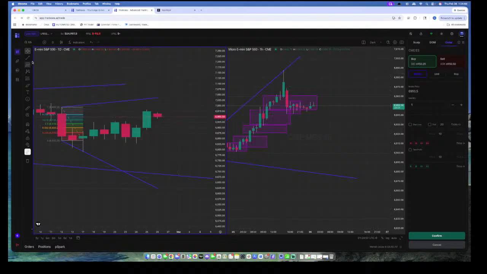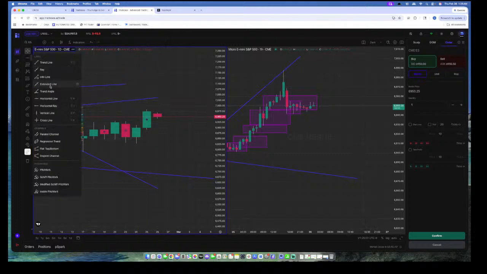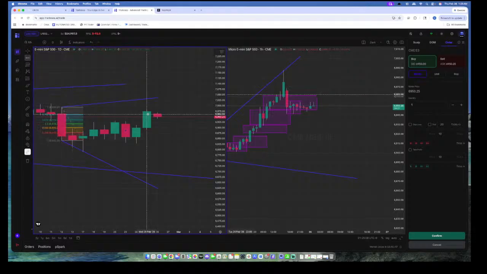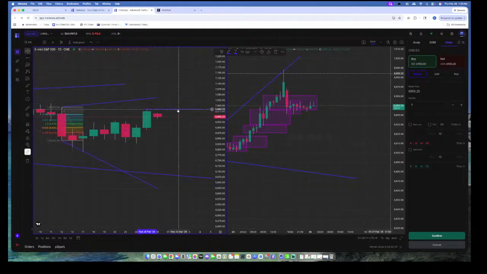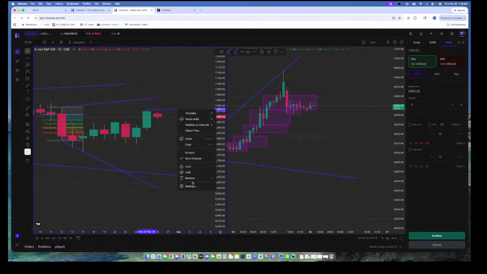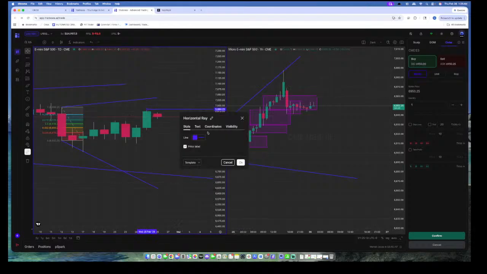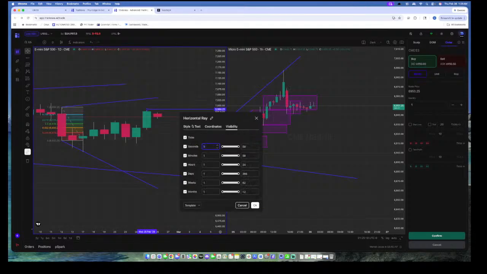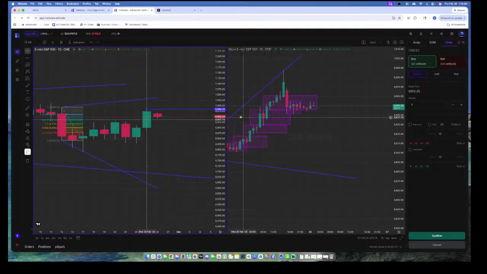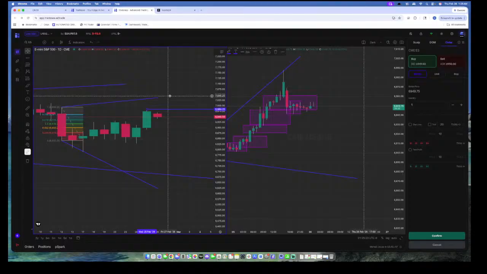Let's see if I can create an alert on here or if I have to do it on TradingView. I want to do a horizontal line. Let's just do a horizontal ray right here. Let's see if I can create an alert on that. Settings. Doesn't look like it. So I'll have to set that on TradingView. Because if that breaks, then we're going two up on the day.